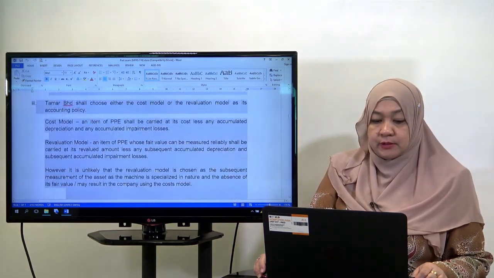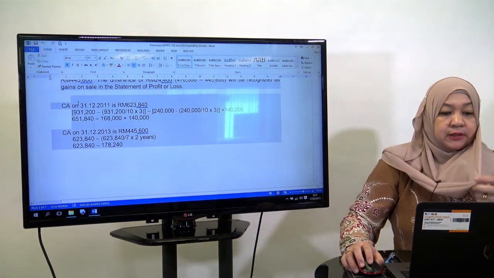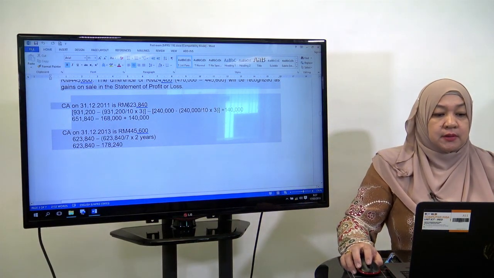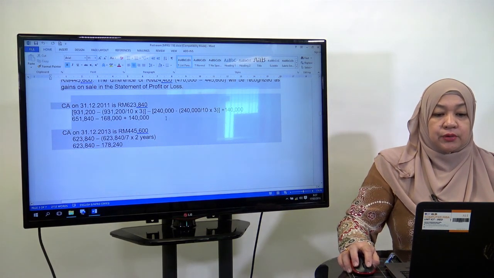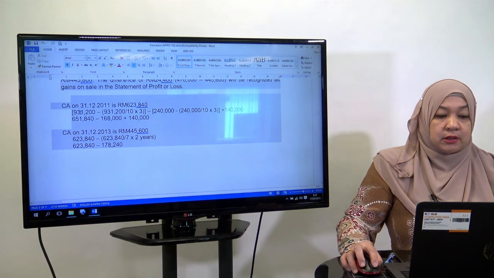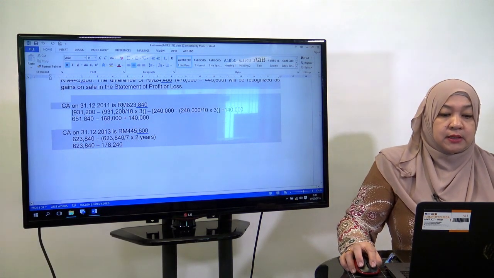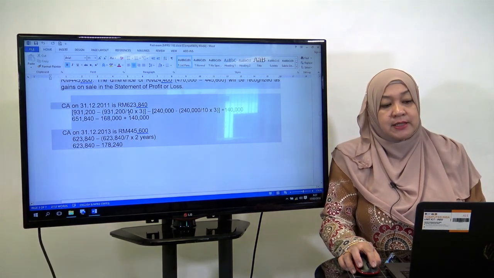Okay, so that is to determine the carrying amount as at 31st December 2011. So this is how you determine your amount. So this is the cost of the asset. This is the depreciation amount for 3 years, right?